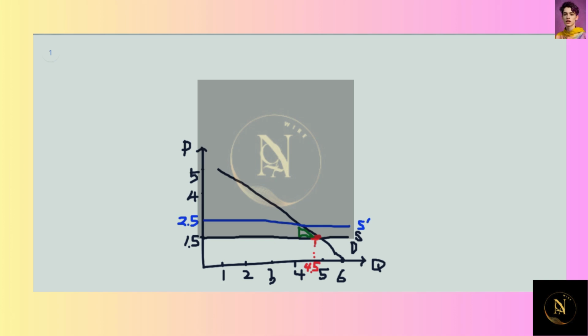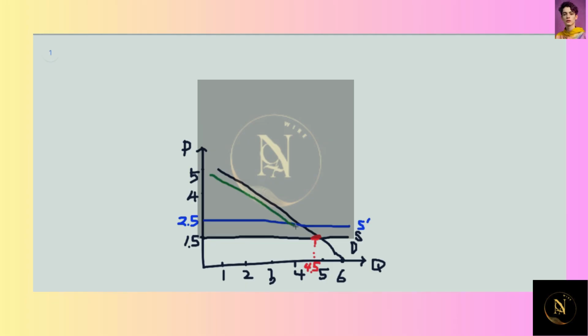Okay, question C. There is a girl named Cindy, and she decides on her own to reduce her own consumption. So what does it mean? It means that the demand curve is going to shift left a little bit. It's green. Why is that?